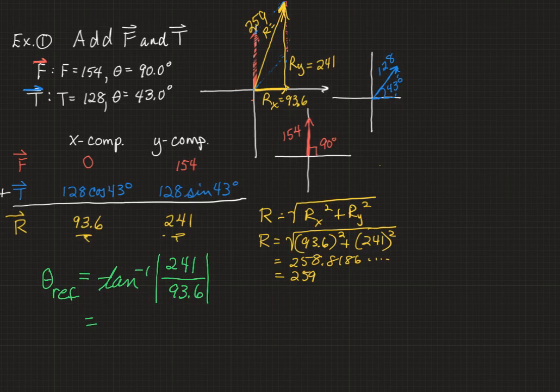When you do that inverse tangent, you'll get 68.795, which we will round to 68.8, and we are working in degrees.